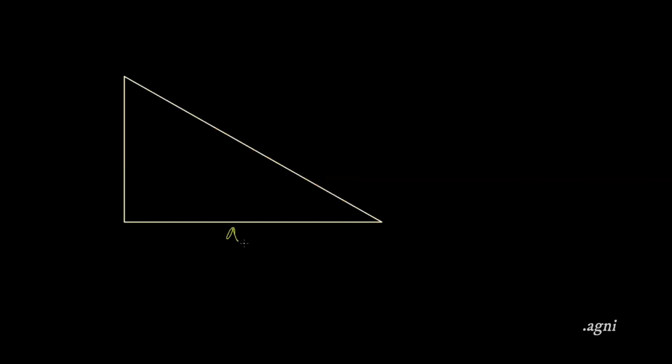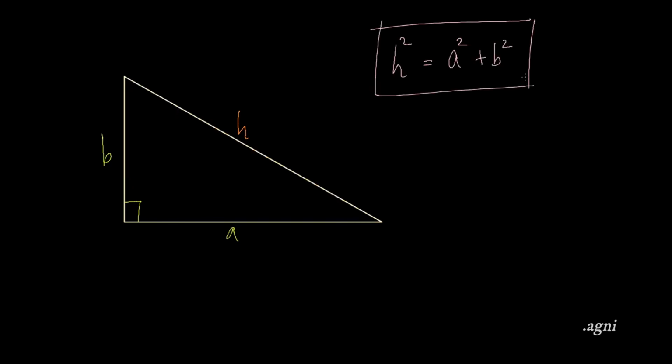Let's say one side is A, one side is B, and this is the right angle, 90 degrees. The side in front of the 90 degree angle is known as the hypotenuse, and we'll name it H. The Pythagoras theorem states that the square of the hypotenuse is equal to the sum of the squares of the sides. That's it. So you can use this theorem for the question given. You can still keep trying.